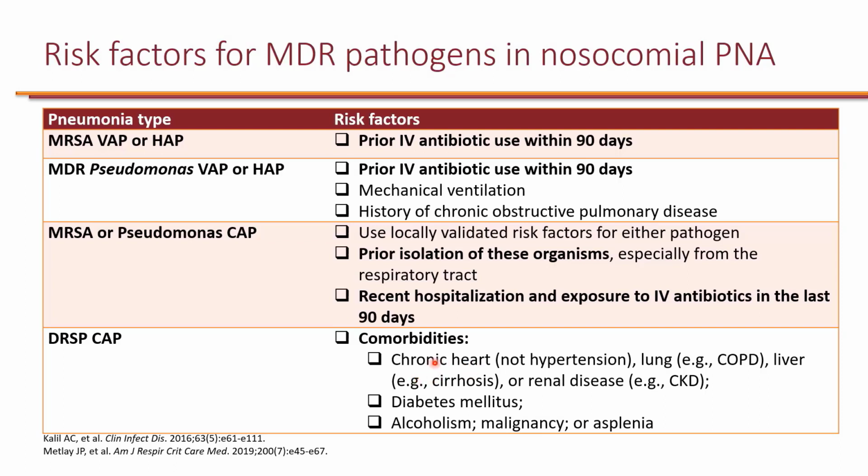So you can see that these patients, including patients with diabetes, alcoholism, malignancy, and asplenia, they're more likely to be exposed to healthcare settings. So they're at higher risk of having drug-resistant strep pneumo.